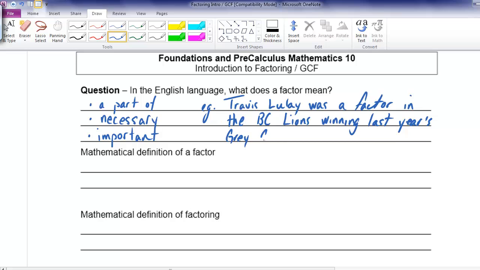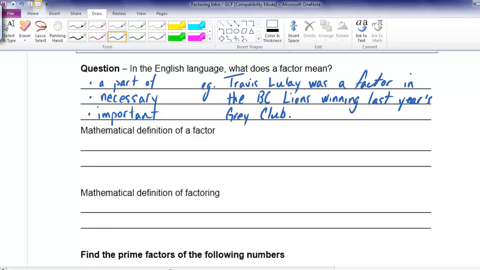And I think we'd all agree that was true. So in this idea of a factor, Travis Lulay was definitely an important piece of the entire team winning. He wasn't the only thing, but he definitely was an important piece. So mathematically, that's this idea of a factor as well.